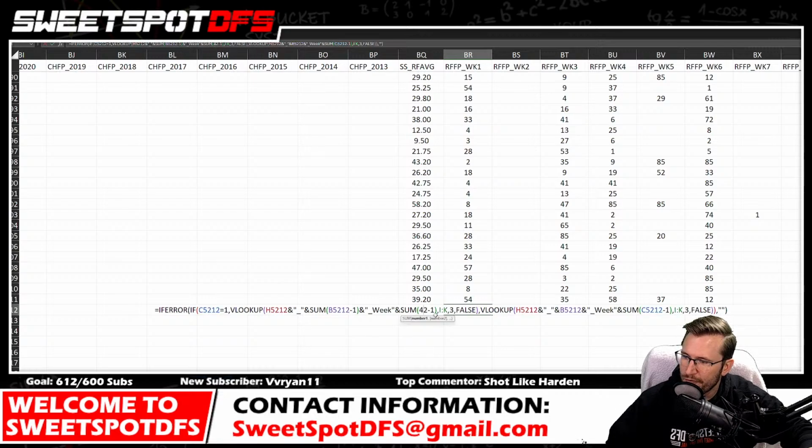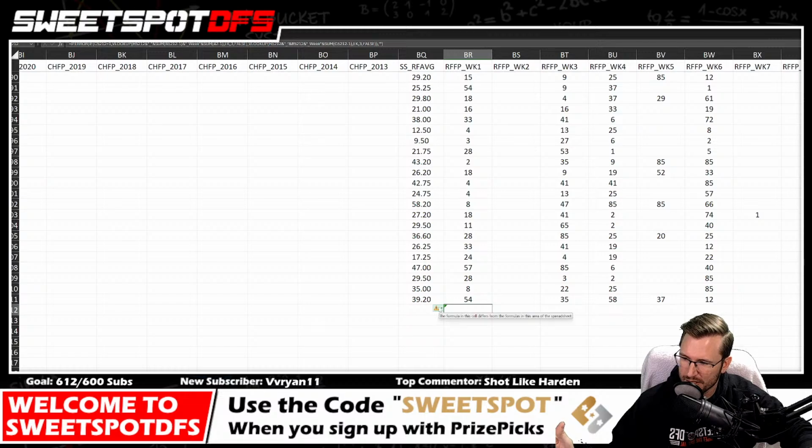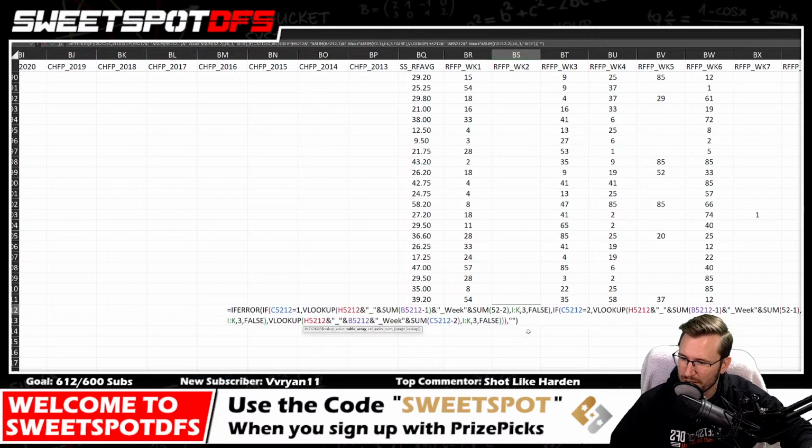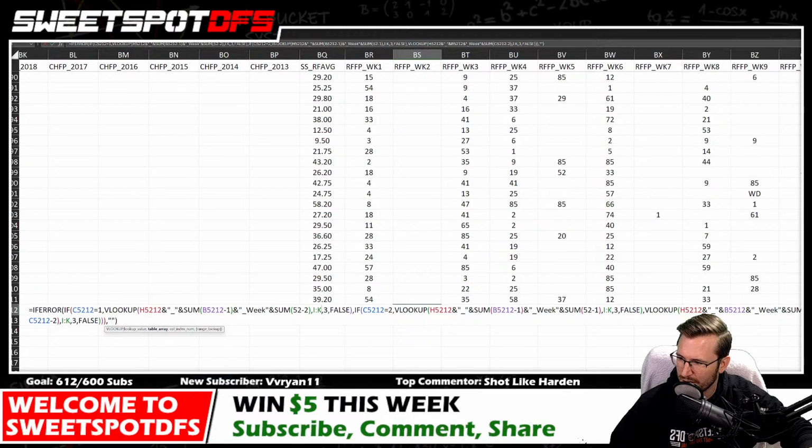Instead of 52, we're going to go 42, and then that's going to work out. It's going to be fine. Now it's going to give me a difference from the previous years, and that's okay. But I've got to do this for every single column. Anytime you see a 52, we turn it to 42.